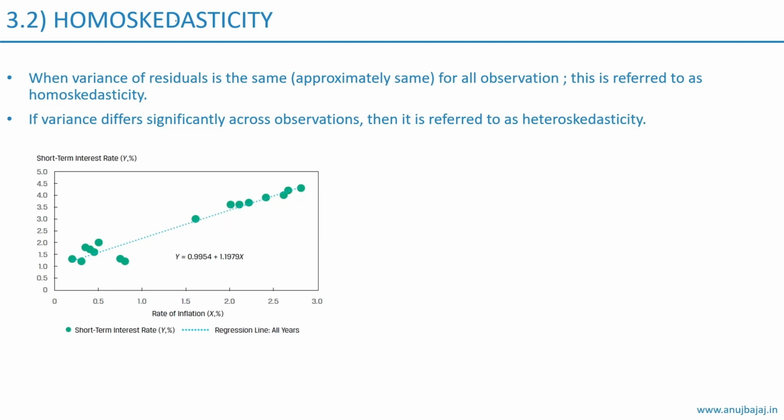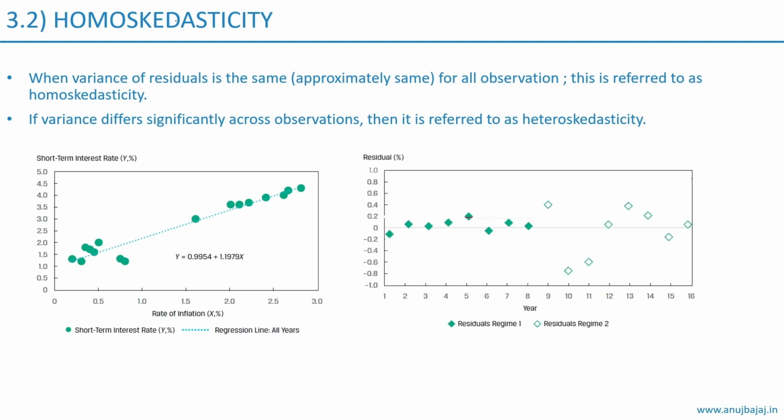When we plot the 16 residual terms on a graph, with year on the x-axis and the residual terms on the y-axis, you can see that during the first 8 years, the residual or error terms are pretty low. But for the last 8 years, the error term is pretty high.